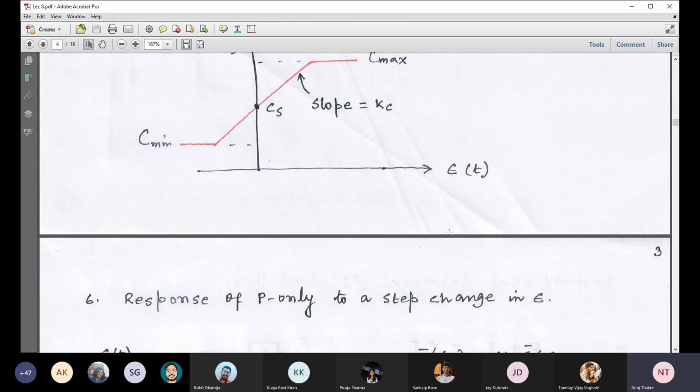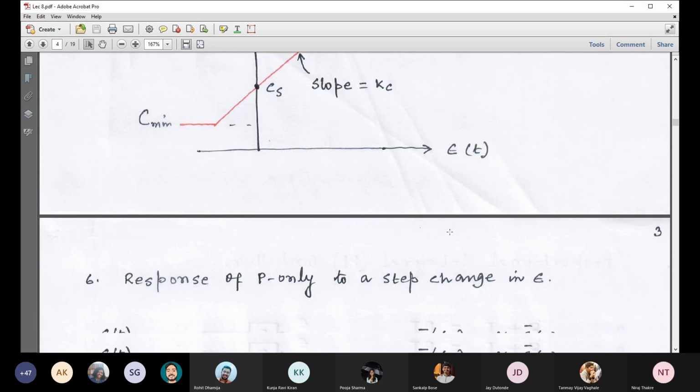We have the P-only controller equation in Laplace domain. You see, this is the equation in Laplace domain: C prime bar equal to Kc E bar.